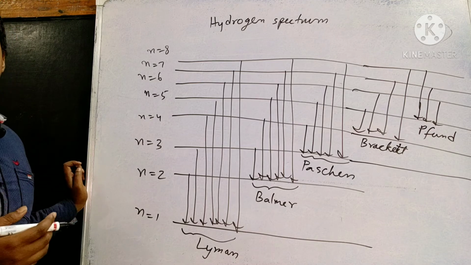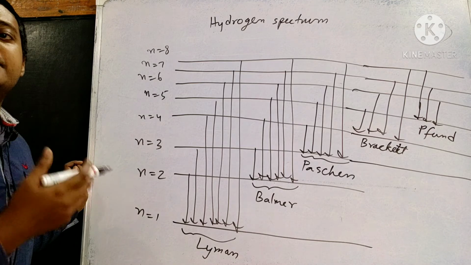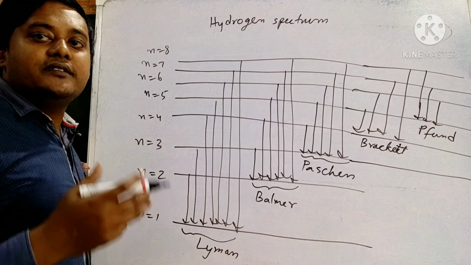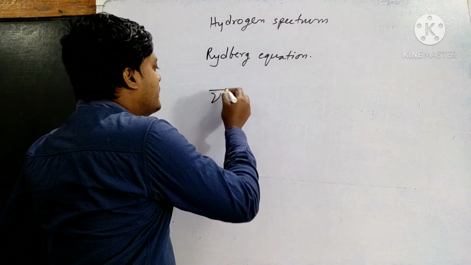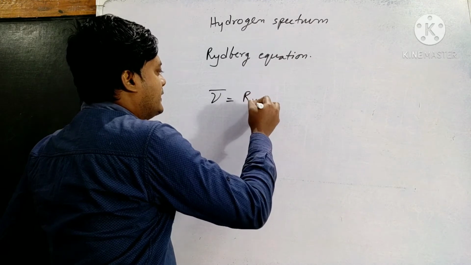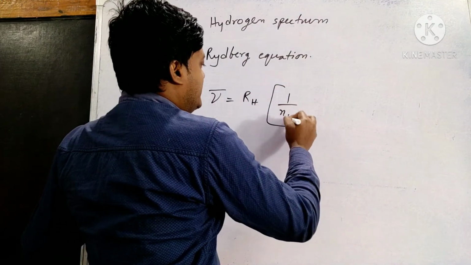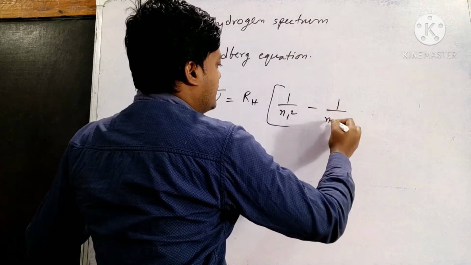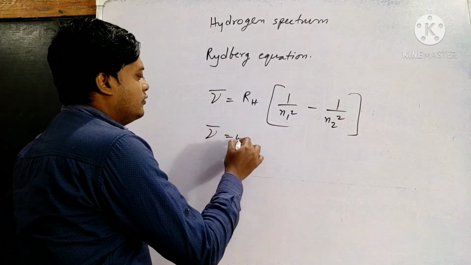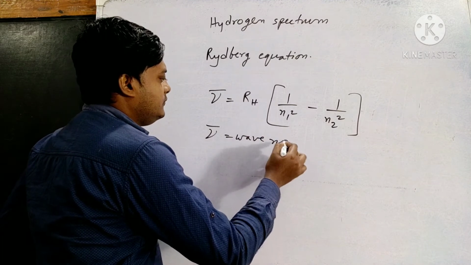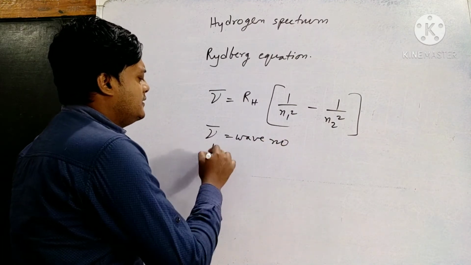Now we can express them by the Rydberg equation. You have to remember the Rydberg equation: nu bar equals R_H times (1/n1² minus 1/n2²). Here nu bar is the wave number, 1 by lambda, the reciprocal of lambda.